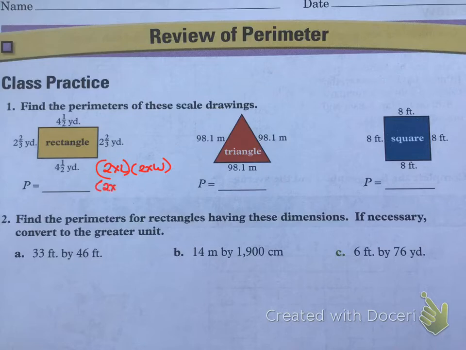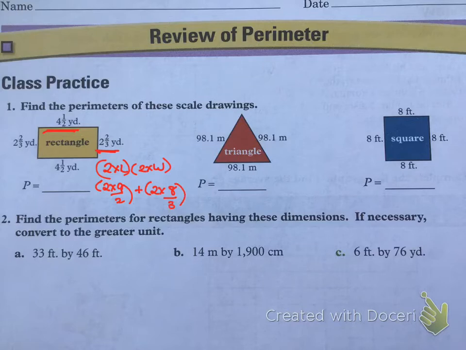So 2 times whole times bottom plus top is 9/2, plus 2 times, this was my length, this is my width, whole times bottom plus top is 8/3.